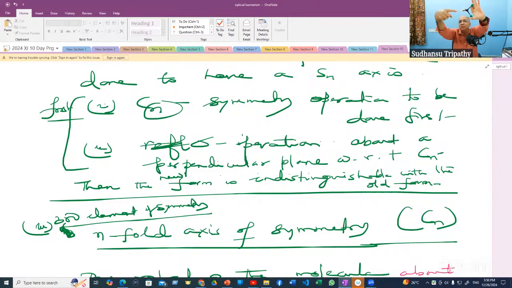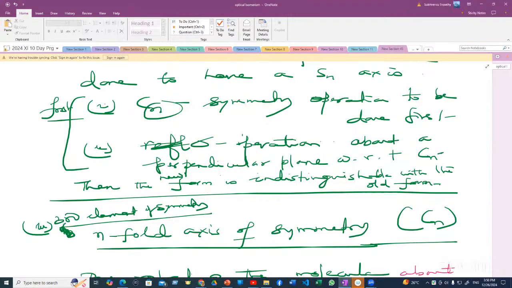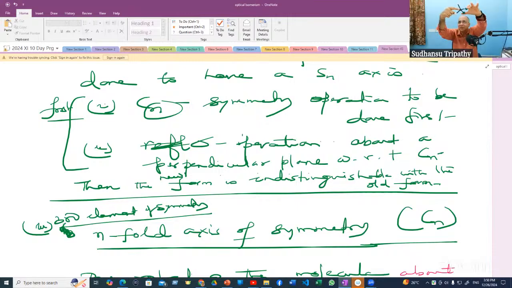Supposing you imagine an axis is passing like this, and supposing I make a 90-degree rotation, right? Now see, 90-degree rotation means which CN? So C4. So I make a C4 operation now, so that it comes here, right?